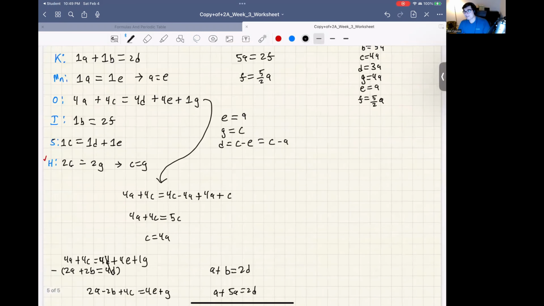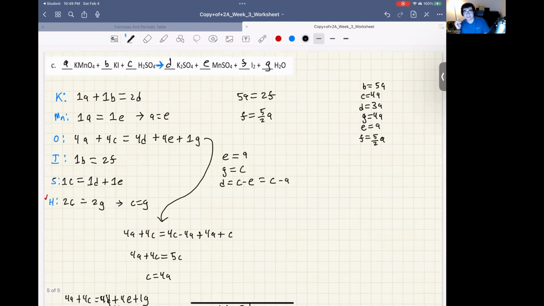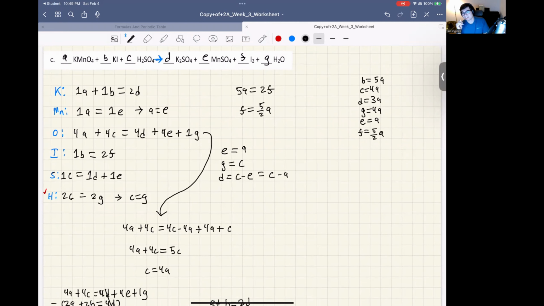Okay, so now that we have everything done, what I'm going to do is pick a number for A. If I let A be equal to some number, all these other things are going to fall into place. I'm going to let A equal 2. The reason I'm picking 2 is so that this thing right here is not a fraction. It has to be a whole integer. If I pick A equals 1, I'm going to get 5 halves for a coefficient, and I don't want that.